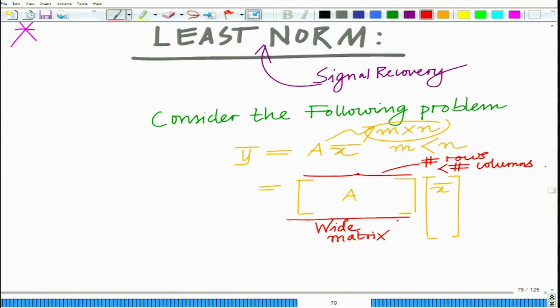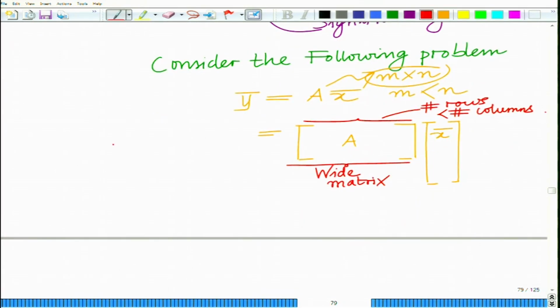Just like when your number of rows is more than the number of columns, we call that a tall matrix. Remember, previously in the least squares we had a tall matrix, where the number of rows is more than the number of columns.